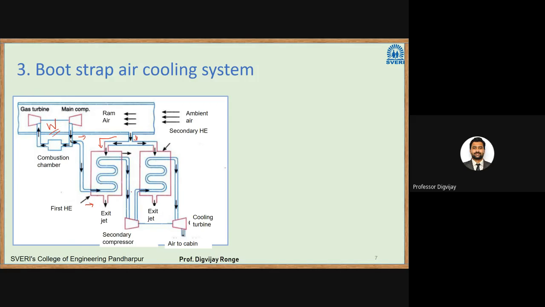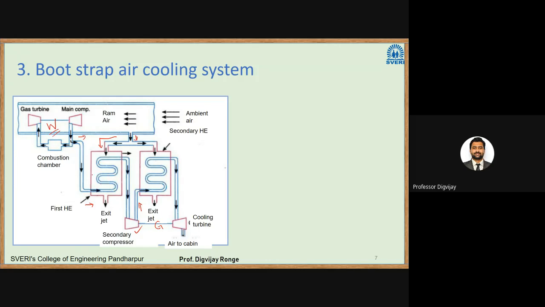Now the pressure of that compressed air is increased again in the secondary compressor. How does the secondary compressor work? It is connected to the cooling turbine, and the cooling turbine drives the secondary compressor. The pressure is increased again, and that air is passed to the secondary heat exchanger.